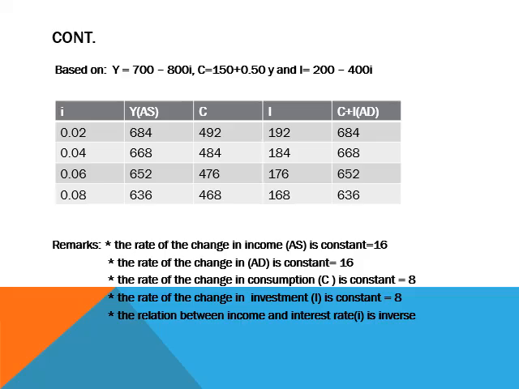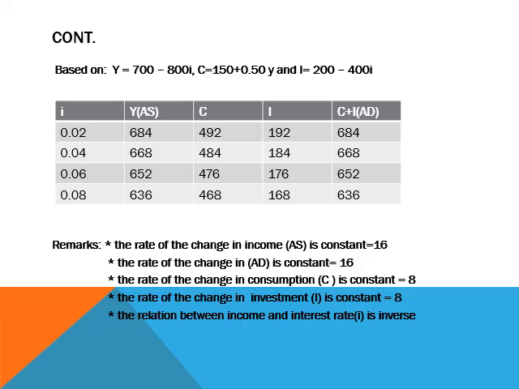The remarks: the rate of the change in income, or AS, is constant, equal 16, because the change in interest rate, delta i, is 0.2. Respectively, the change in income, delta income, or delta AS, is constant, equal 16. The rate of the change in aggregate demand also is constant.